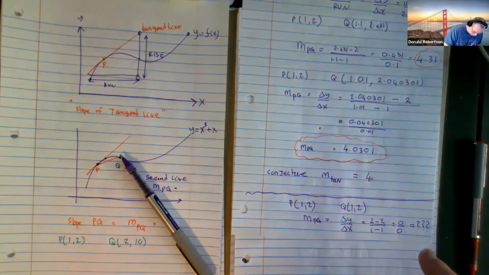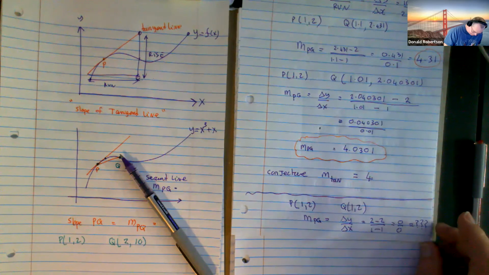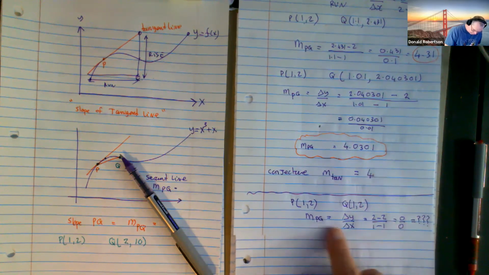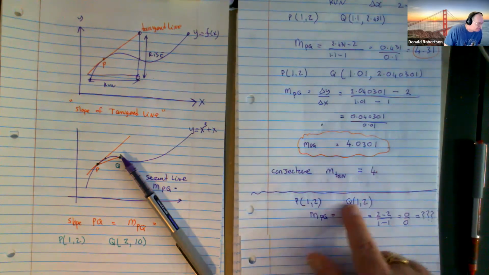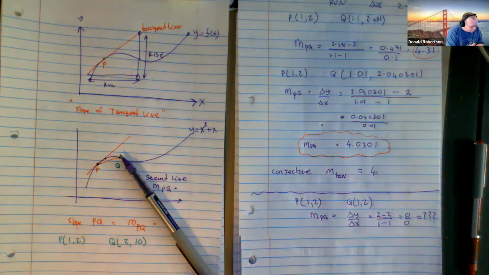And so the whole next 2 weeks is going to be devoted to figuring out how you can solve questions like this. How can you make P and Q so close together that they're identical, for all intents and purposes?